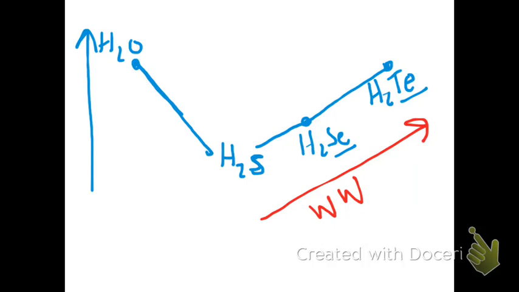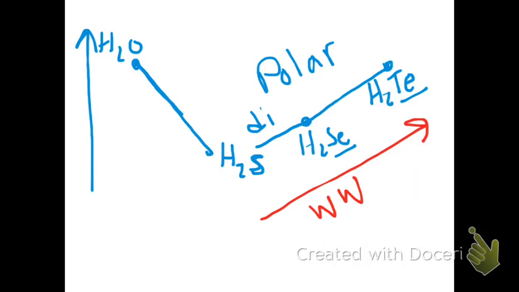Well, what are the types of intermolecular forces that occur here? If you look closely, these are all polar molecules. And since they're all polar molecules, the governing factor here is going to be dipole-dipole.